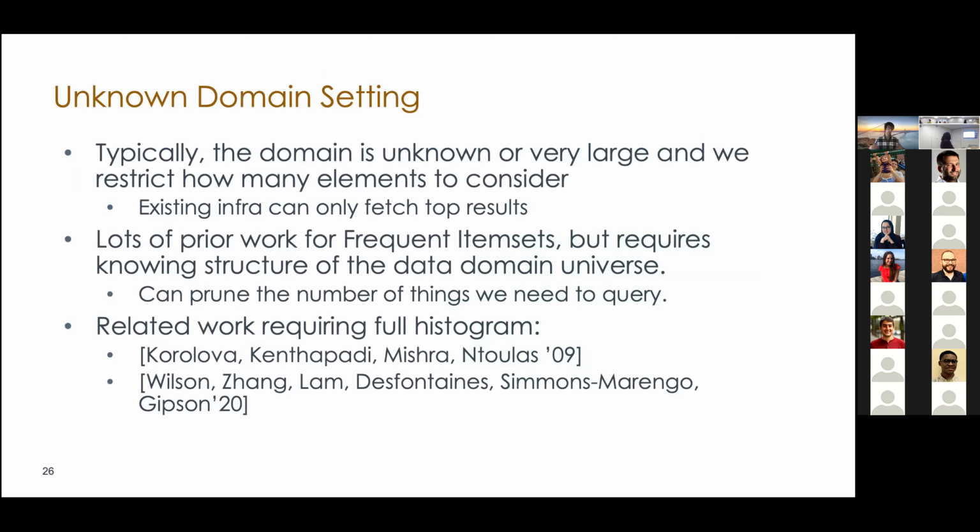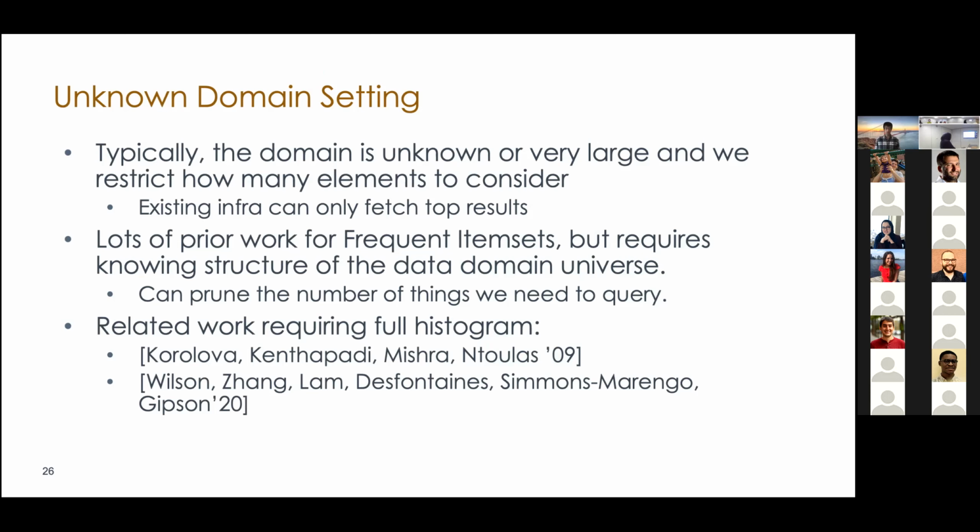Maybe we're asking for the top articles. We possibly don't have a domain or dictionary of all the possible articles that are being shown on LinkedIn to be able to figure out what are the top. We don't have access to the entire histogram over all the possible articles that people have actually clicked on. We only have access to maybe the top 1,000.